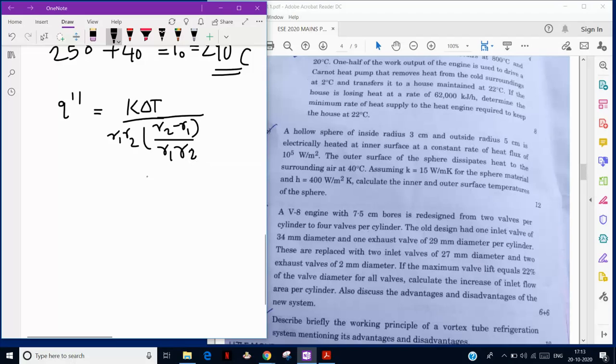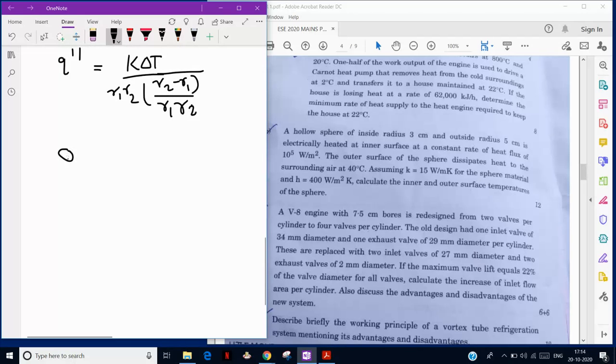Why have I written this? Because generally the heat transfer through a sphere is given by 4 pi K r1 r2 divided by r2 minus r1, where r1 is the inner radius and r2 is the outer radius. But here we have to take the flux, so the 4 pi r1 r2 should be on the other side.